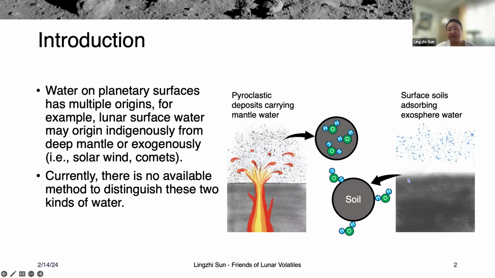And if it's just a surface anhydrous mineral broken from anhydrous rock, it's more likely to carry surface adsorbed water, possibly from the transient exosphere. So currently, there is no available method to distinguish these two kinds of water.